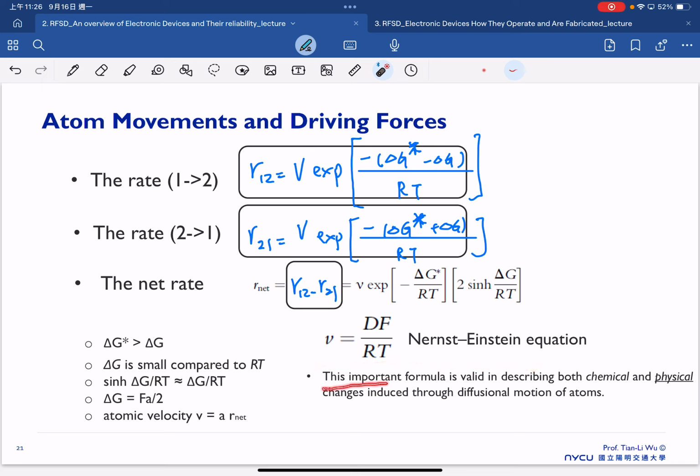And this important formula is valid in describing both chemical and physical change induced diffusion motion of the atoms here, where the V is equal to this one. So that's the equation that allows us to calculate the net rate under consideration of the diffusion process.